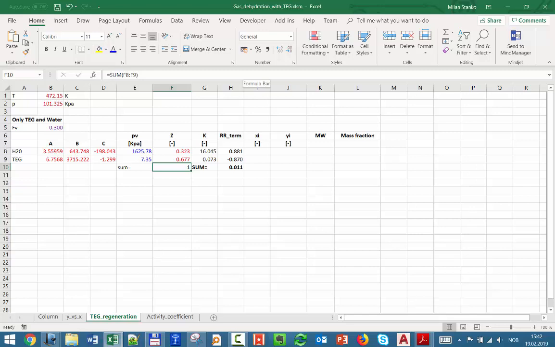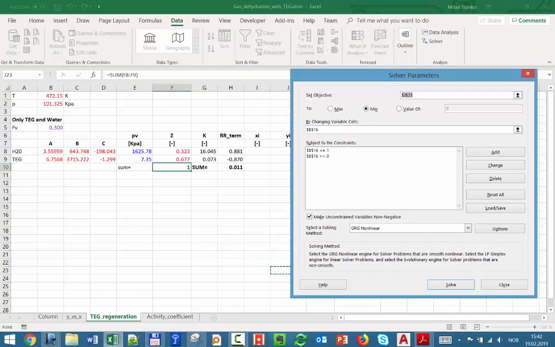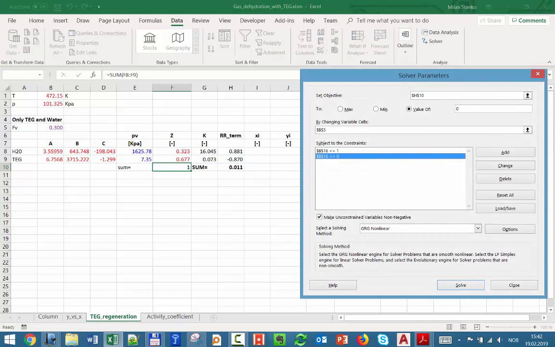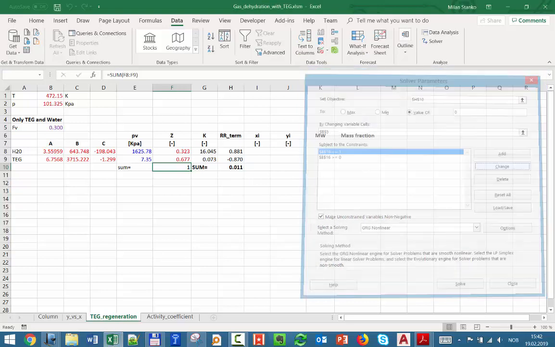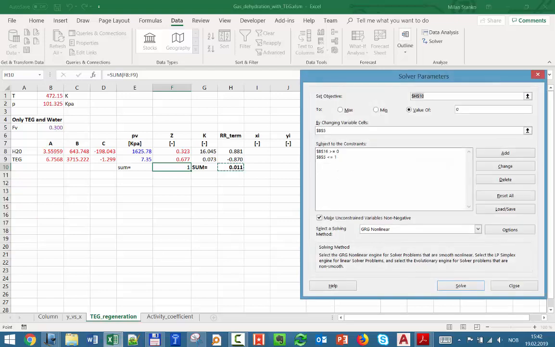Now the next step. Let's see if it works. Always with Rachford-Rice there are some surprises. We want to change this guy to take it to a value of 0, right? By changing this guy, and subject to the constraints that that number, B5, should be less than 1, and that number should be greater than 0.